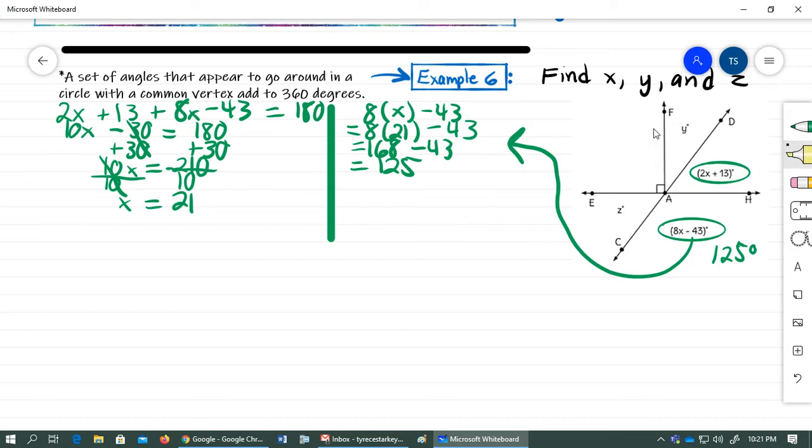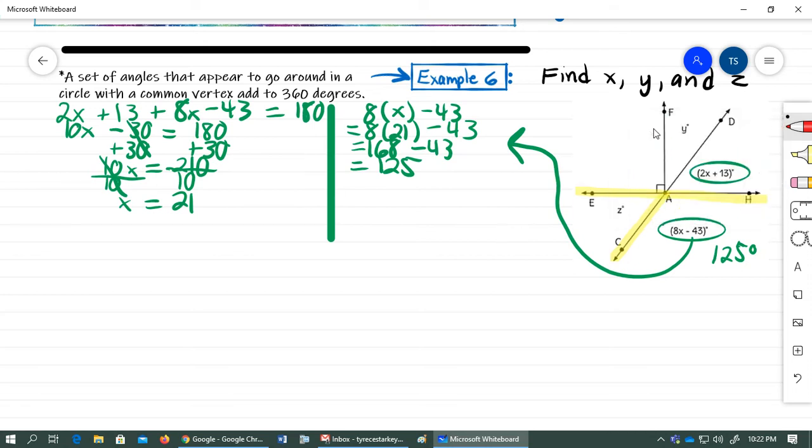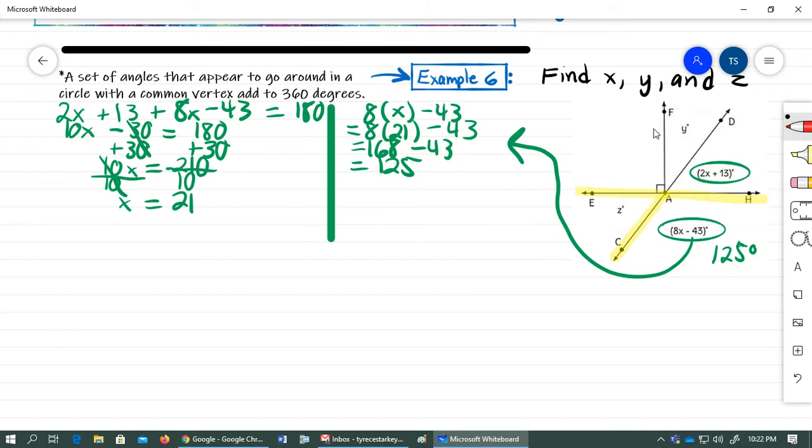If we look at this line right here, at these two angles, for those who don't know which two angles I'm talking about, let me show you. Let me get a big pen here. I'm talking about these two angles. This one and this one.